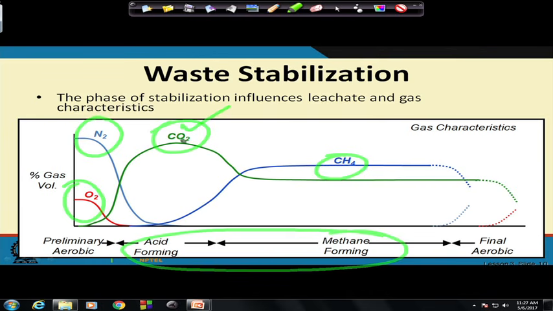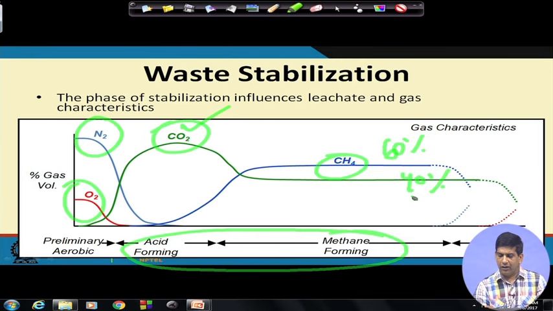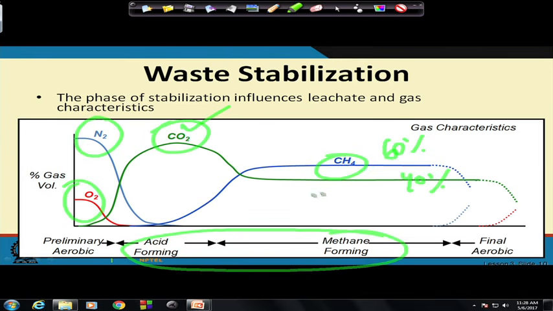Initially you see more CO2 because it's an aerobic phase. Then as the anaerobic system takes over, you see the methane starts picking up and CO2 goes down, and then we have around 60% methane and 40% CO2. That's what we typically see in a landfill gas, and then it will stabilize. Finally, if it goes into the final aerobic phase, since oxygen is being added, methane will start getting converted to CO2.